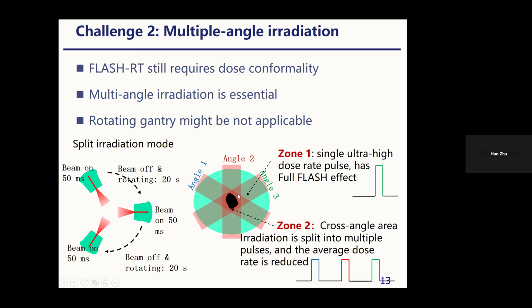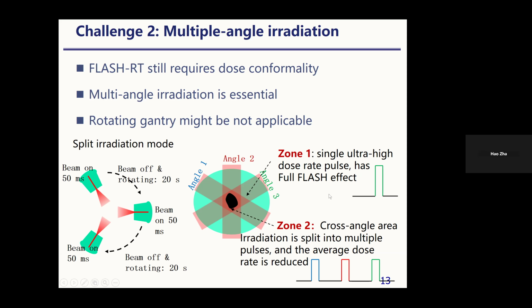For example, if you look at zone 1, the target is irradiated from only a single angle. The tissues receive only a single pulse, at a very high dose rate, ultra high dose rate. It experiences the full flash effect.